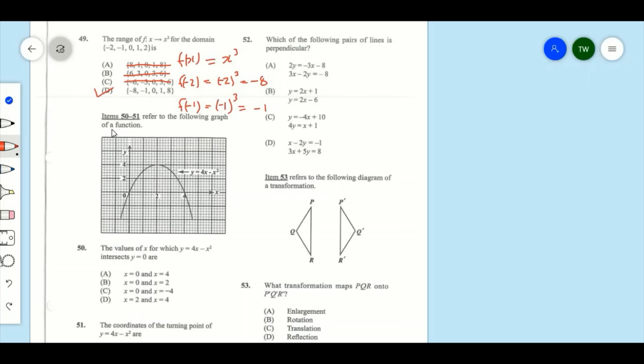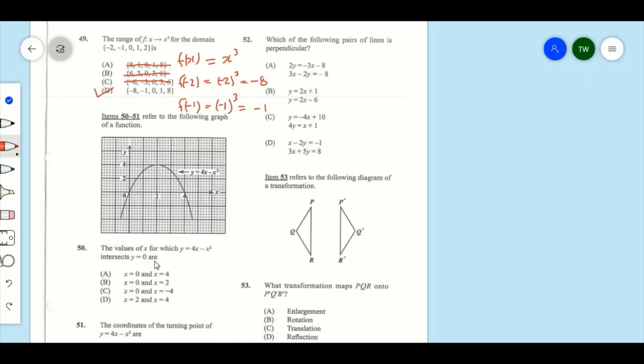Now items 50 to 51 refer to the following graph of a function. And here this is a quadratic function. Now item 50. The values of x for which y equals 4x minus x squared intersects y equals 0 are.